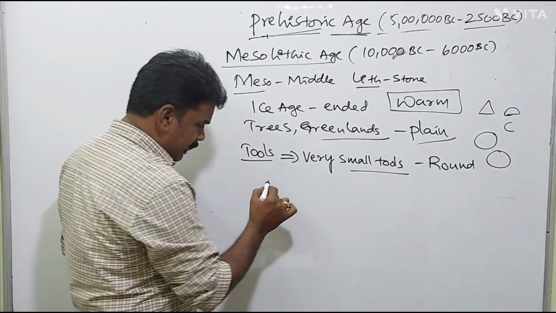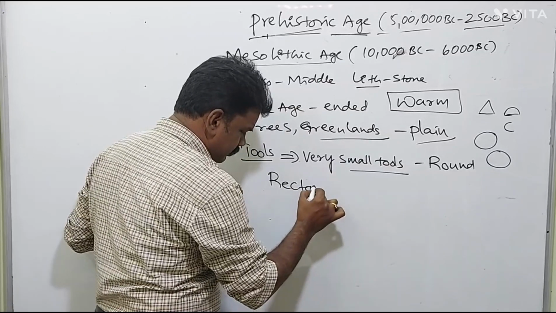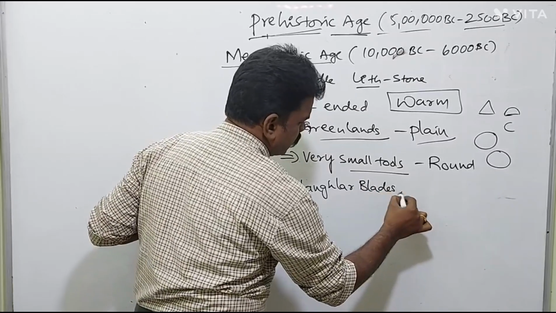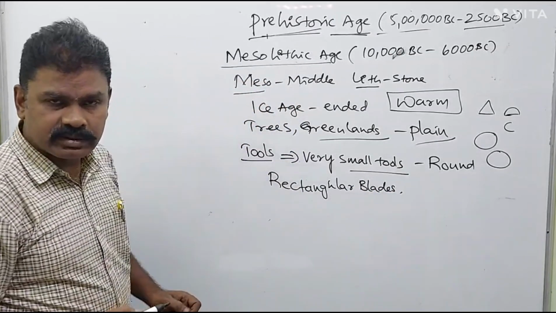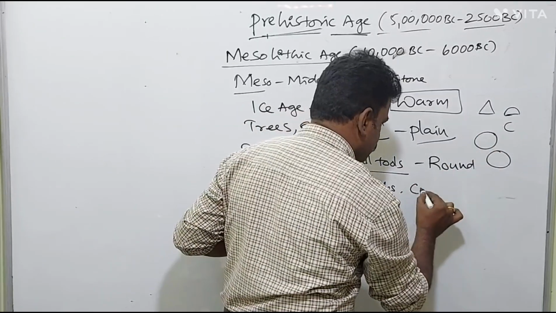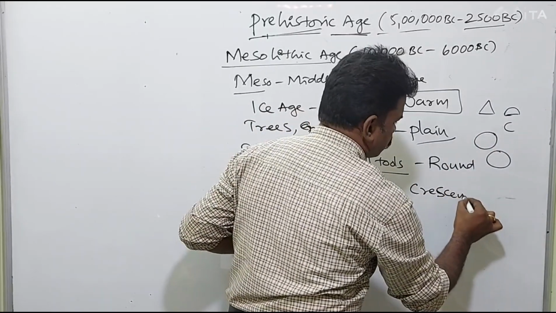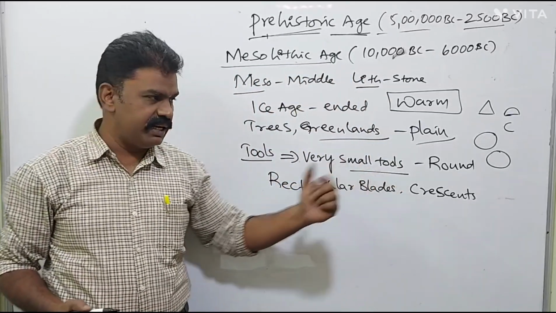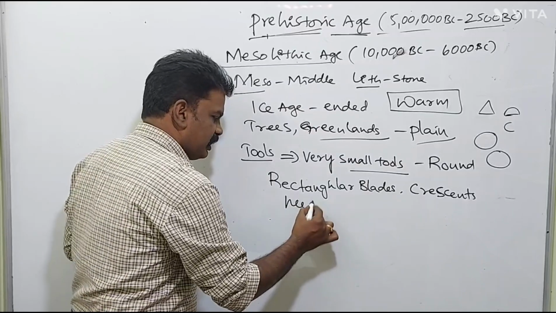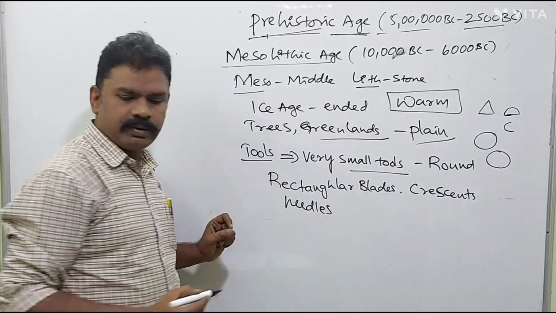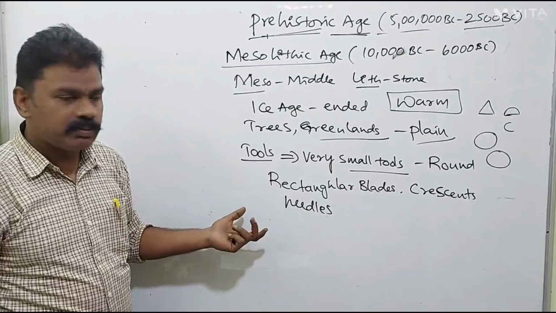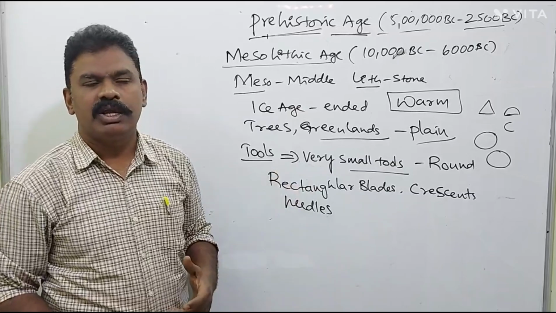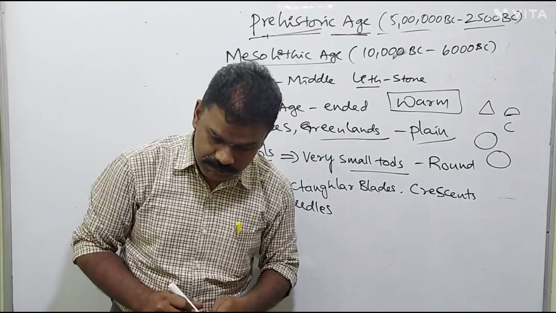Mainly rectangular blades started in this period. Rectangular blades, crescents, that is C-shaped, needles, they also used needles in this period. Triangular shapes, I already told you, different shapes they used.